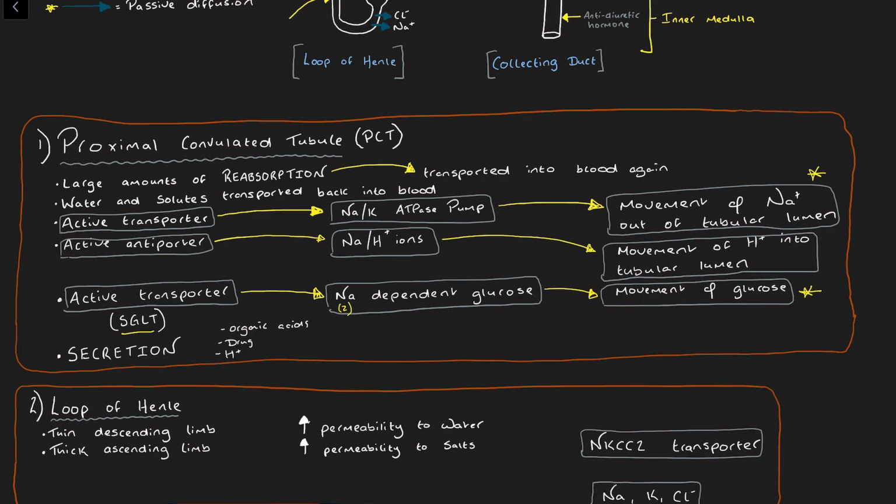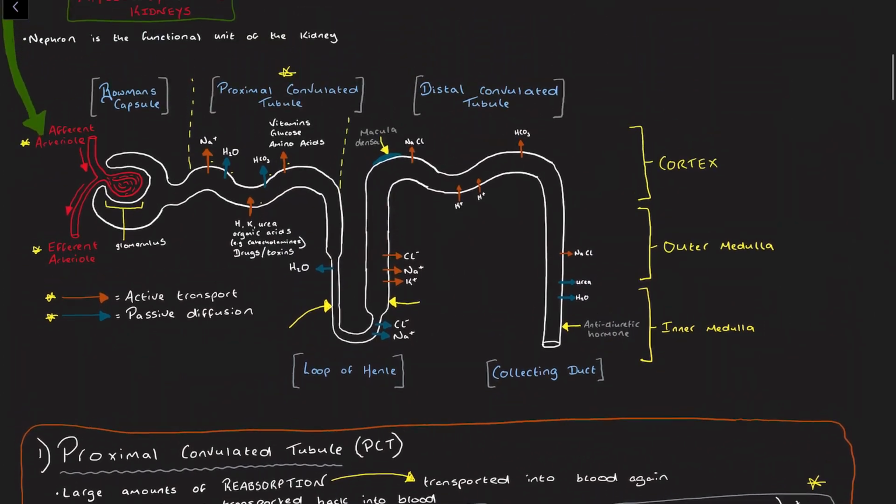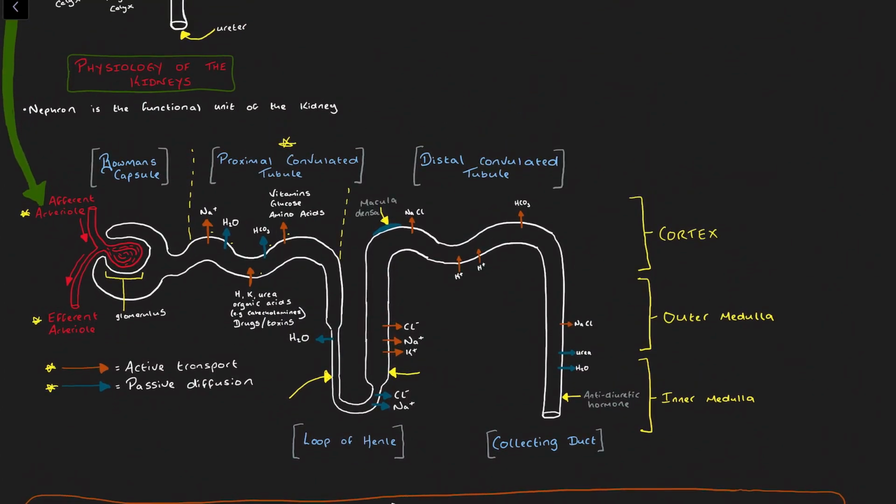Now, if we move further down the nephron, the proximal convoluted tubule then begins to thin and straighten out into the loop of Henle. This is the thin descending limb, and this is the thick ascending limb over here.